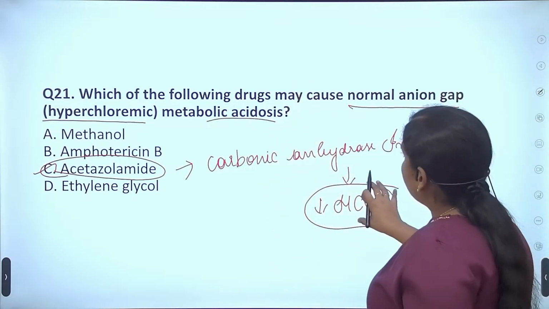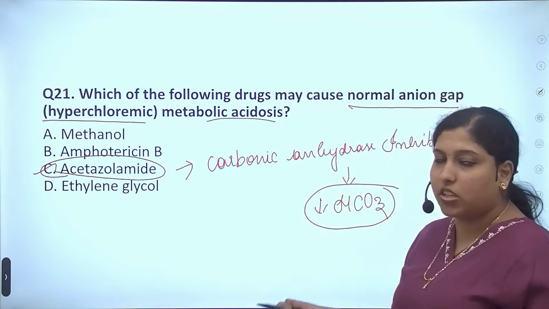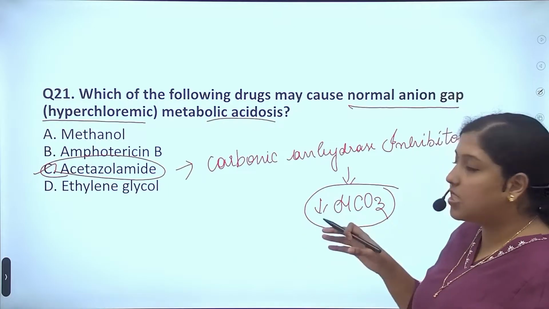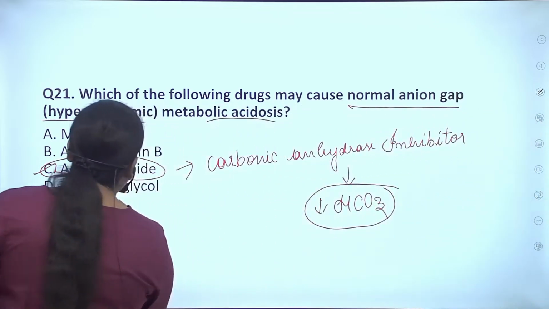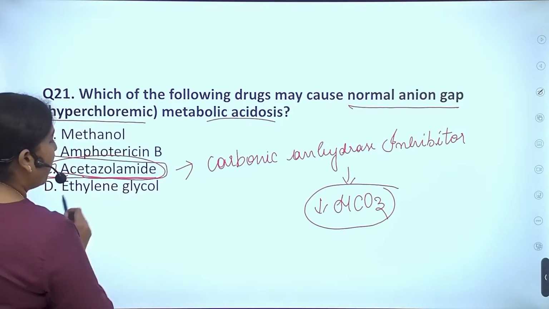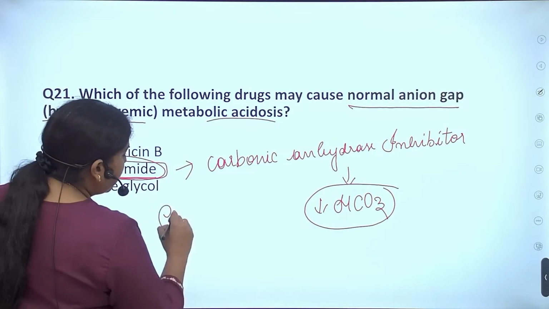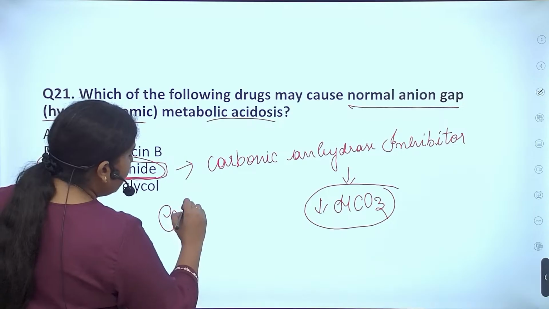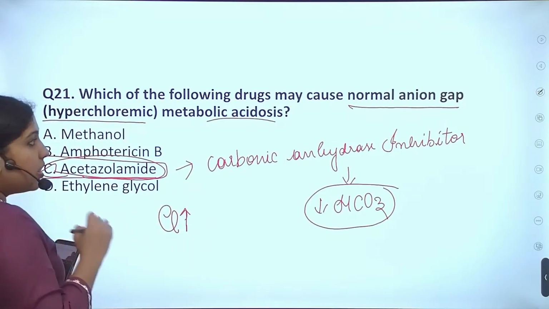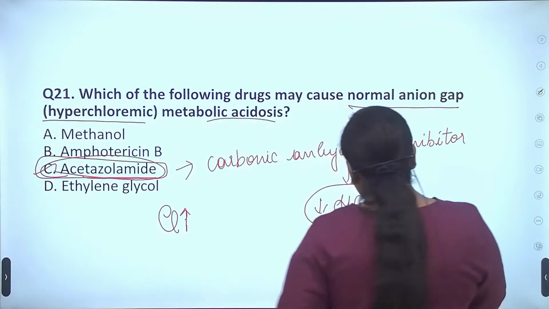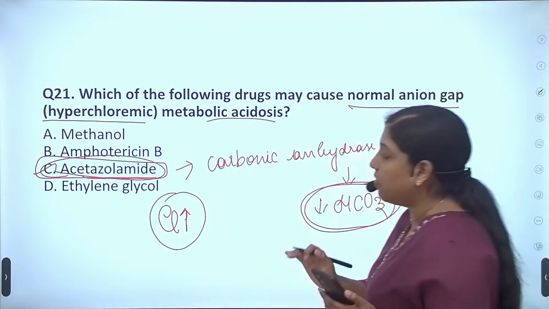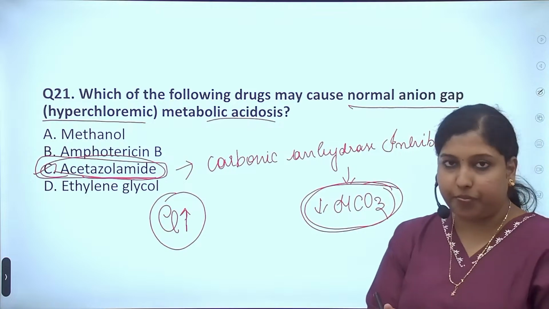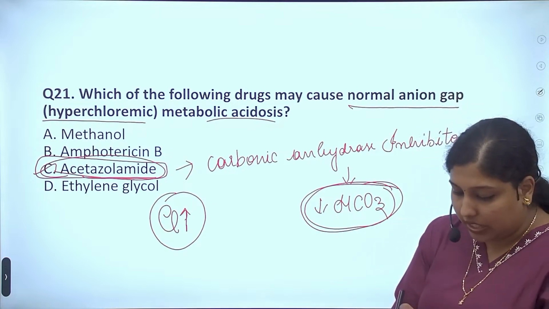Even though the patient is going into an acidotic state with a decline in the HCO3 level, the compensatory mechanism when taking acetazolamide is that the chloride level will increase. That's why we specifically say, even though the HCO3 level is reduced, it increases the chloride level to try to maintain the effect.